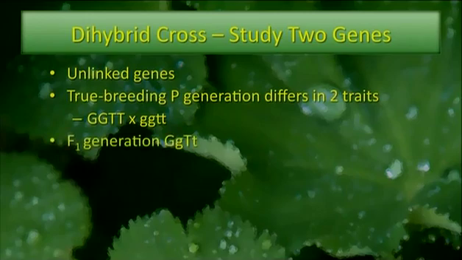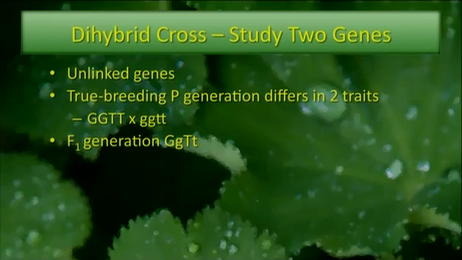So of course the F1 generation after this cross would be big G, little g, big T, little t, okay? Because P generation, the only kind of alleles that you can get from this is a big G and a big T, and the alleles from this other parent, it would be a little g and a little t, okay?